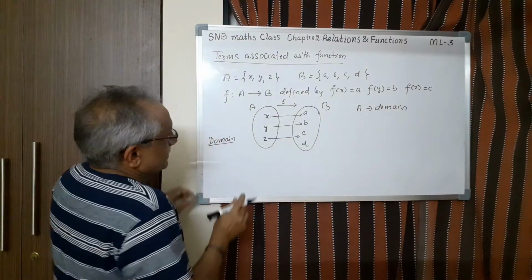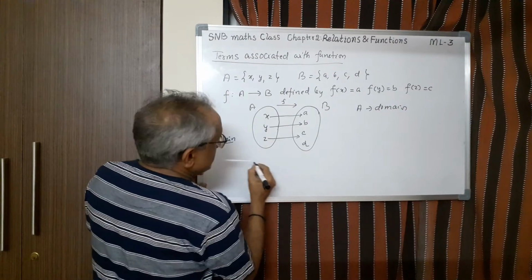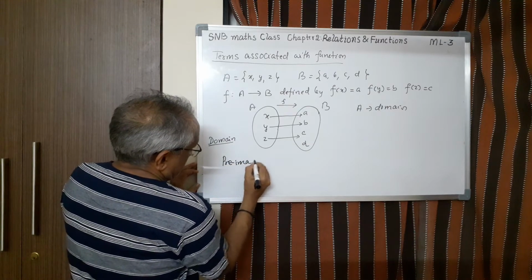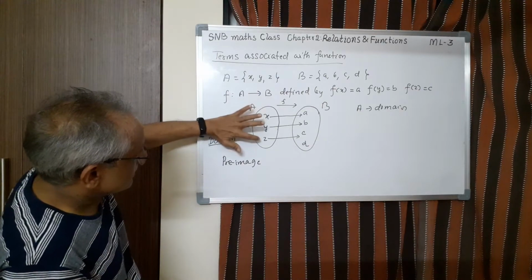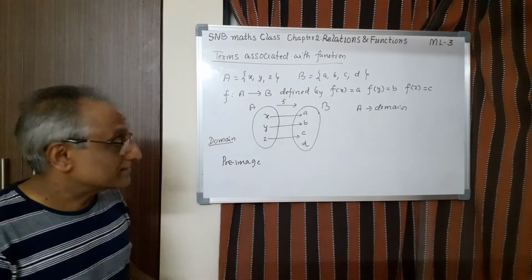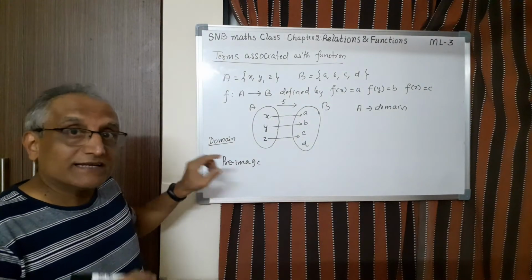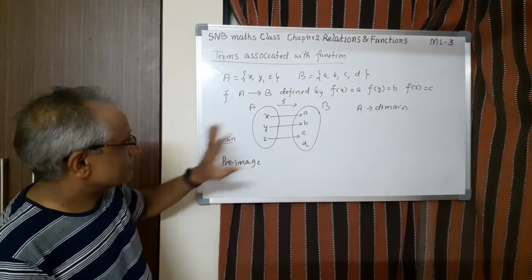Then here these elements x, y, z are called pre-images. So x is a pre-image, y is a pre-image, z is a pre-image. Or in other words, domain is the set of pre-images. And remember, every element should be a pre-image because there is no exception.